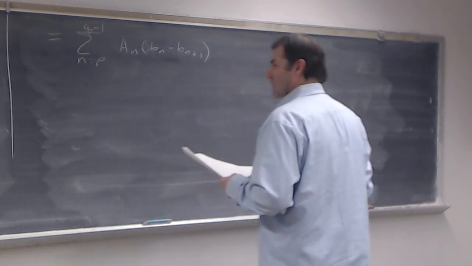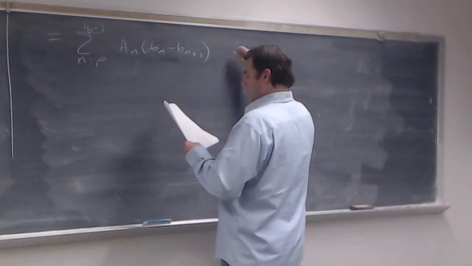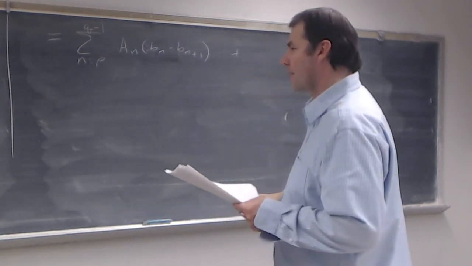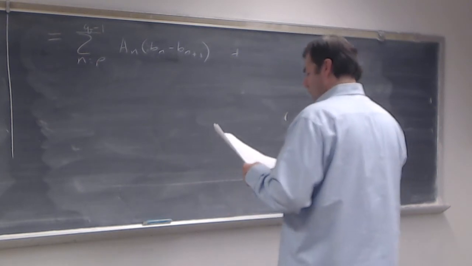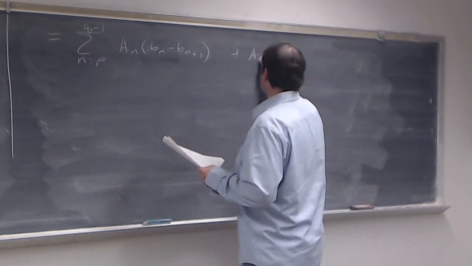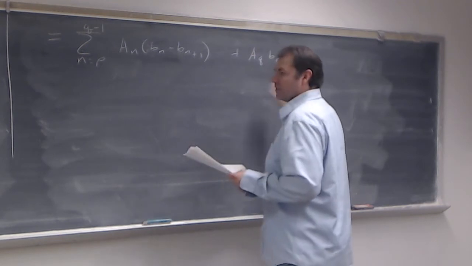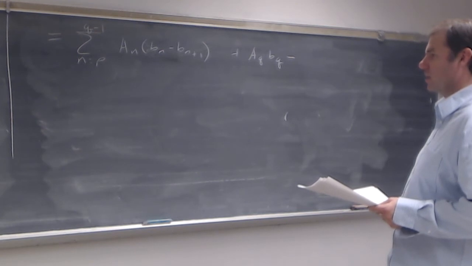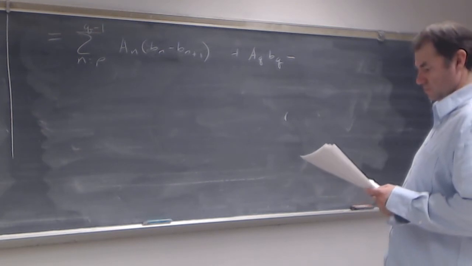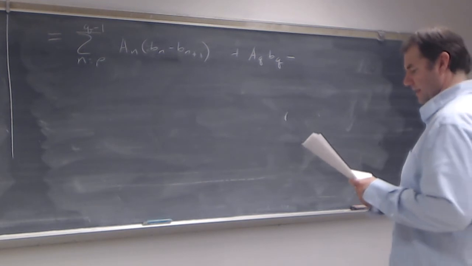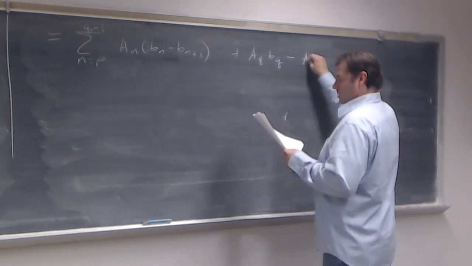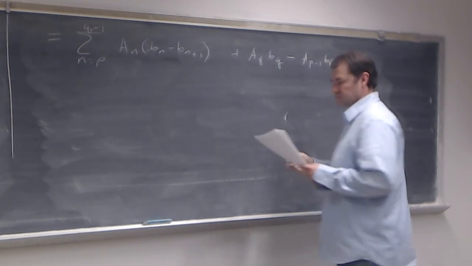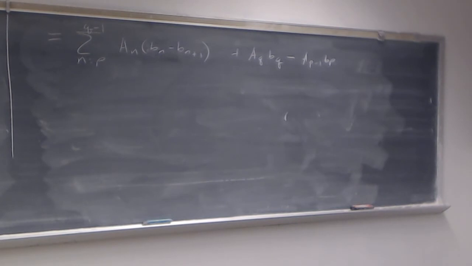We'll factor out A sub n from those. But what we're going to have left over is the Qth term, which is A sub Q, B sub Q. And then what we're going to have left over from the second sum is when n is equal to P minus 1, and that is A sub P minus 1 times B sub P. And that's what we were trying to get.